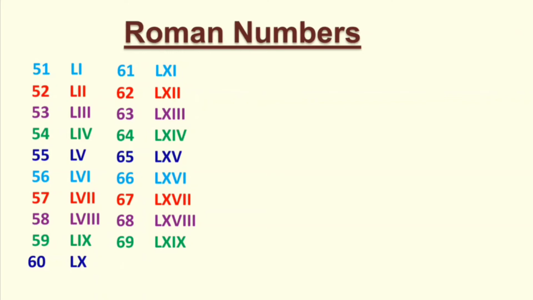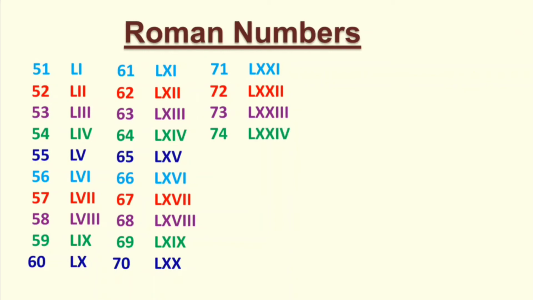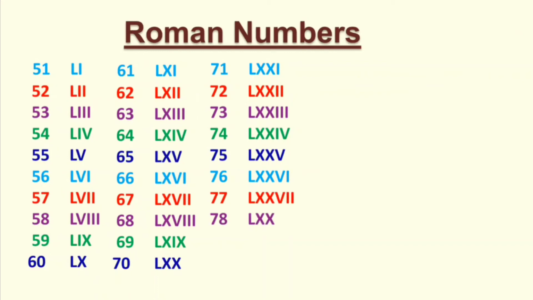For 70, 50 plus 20, that is LXX. Then 71, as here the tens place number is 70. Write down numbers 1 to 9 to get 71 to 79.